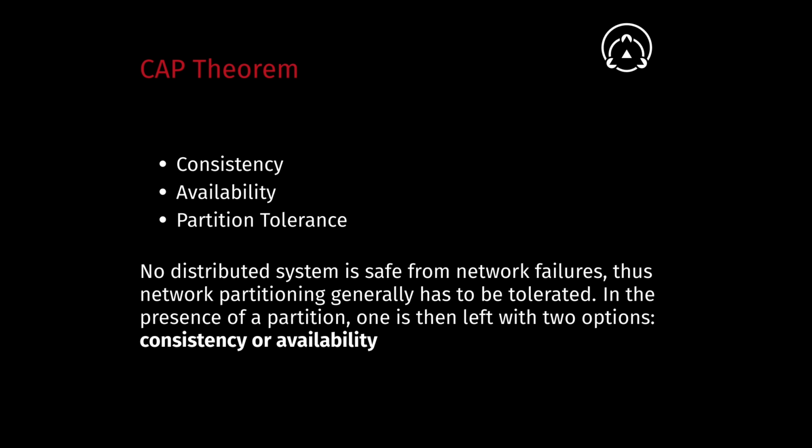And that leaves us with 2 options that we've got to choose between, because according to CAP, we cannot have all 3 of these things be true. We can only pick 2 of the 3 options. We've got consistency or availability to choose from.